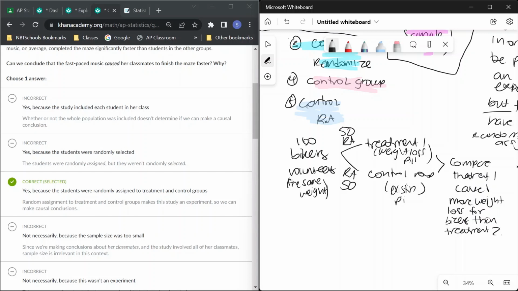So the new weight loss pill caused more weight loss for bikers than the existing pill.